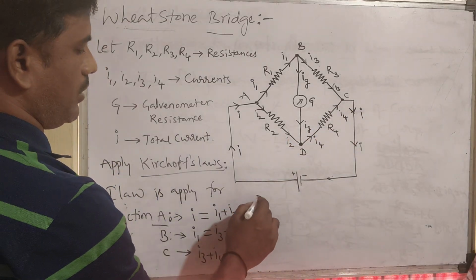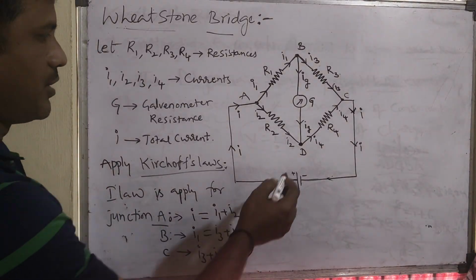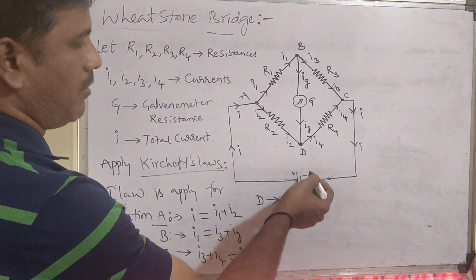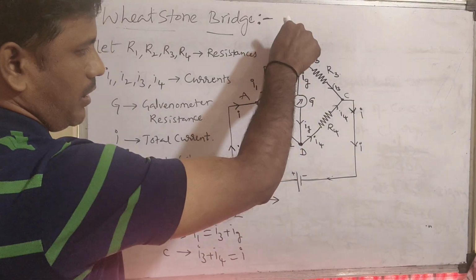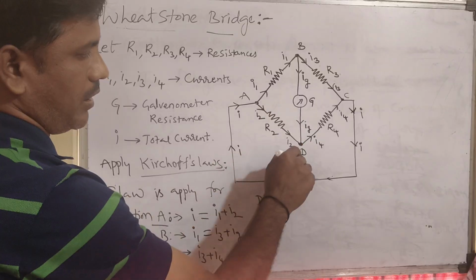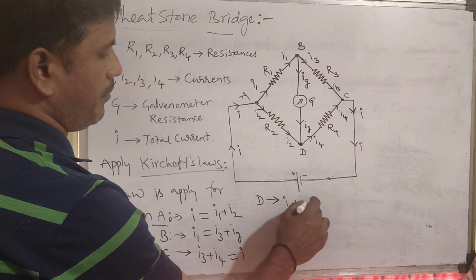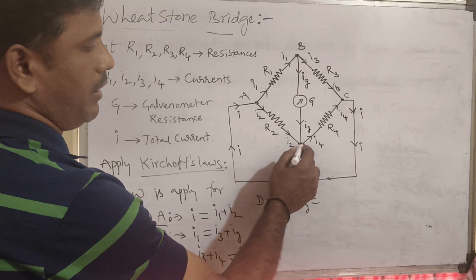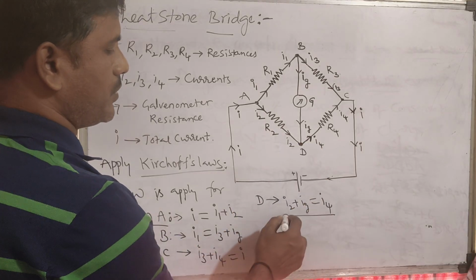Next, at junction D. Observe what current is entering. These two currents are entering, so I2 plus Ig equals the leaving current, which is I4.